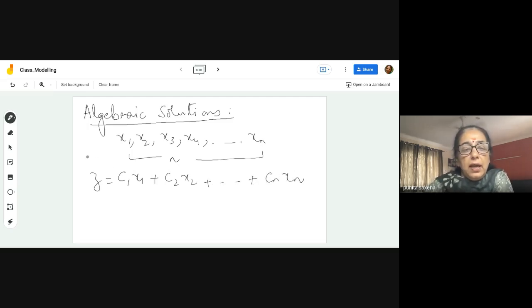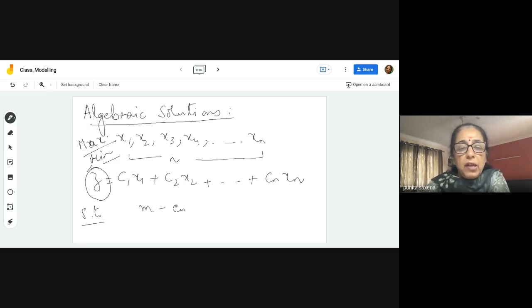And this objective function Z that we have defined is going to be either maximized or minimized. Subject to, we have constraints. So let us assume that we have m number of constraints with us. So we have n variables and m constraints.